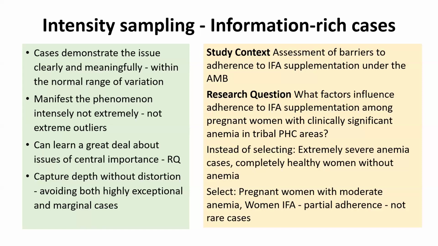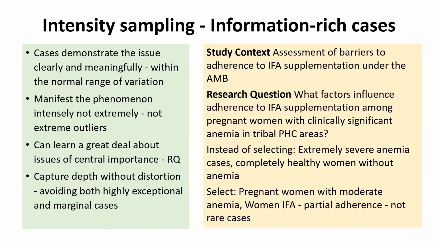These are the information rich cases. So here the idea is to understand the topic in your research question more clearly and meaningfully. You do not want to select the extreme outliers, but you want to identify individuals or units which manifest the phenomenon more intensely. It is not extremely.